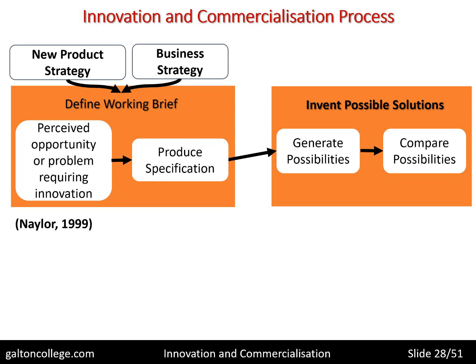So they have to compare different scenarios. They have to think, if it's developed with a certain functionality, it'll be one price. If it's developed with a different functionality, it'll be a different price. But which one will stand the best chance of commercial success?